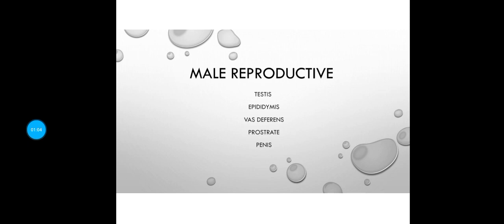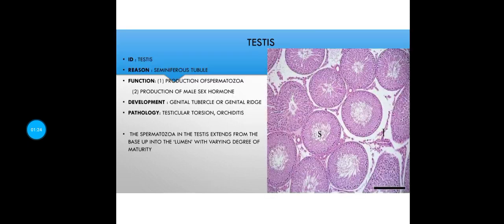We've actually described the penis in the last video on the urinary system, but we'll still briefly look at it today again to solidify our knowledge of its histology. So let's start with the testis.